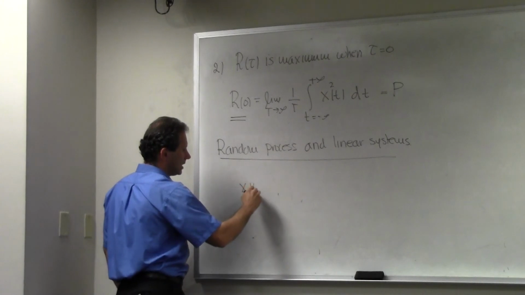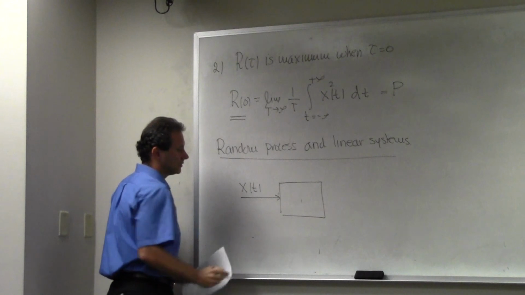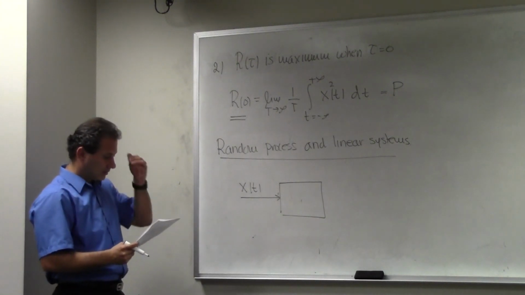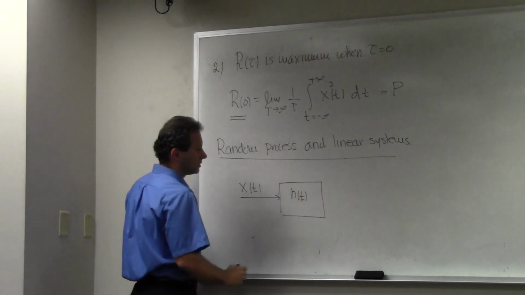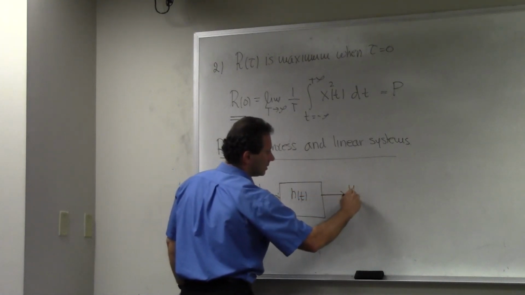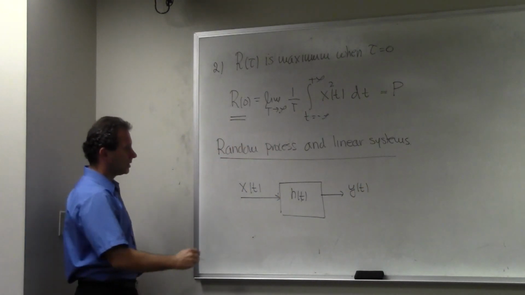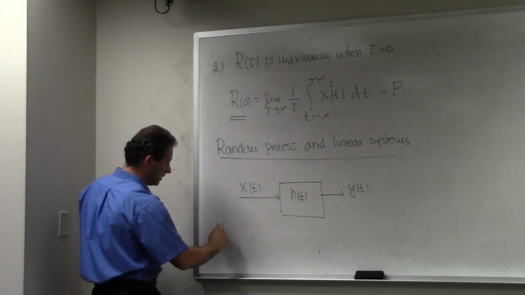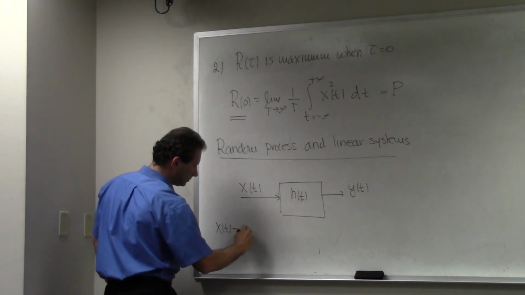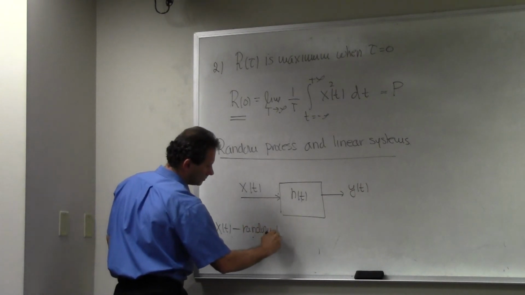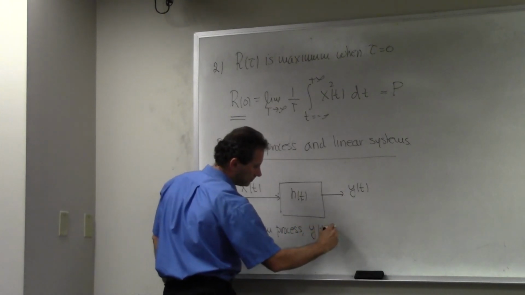So in most cases, this is the scenario we have. We have x of t, where x of t is a random process, and there is some filter that has an impulse response h of t, and there is output y of t. Now here's how we describe this system. If x of t is a random process, y of t is a random process too.